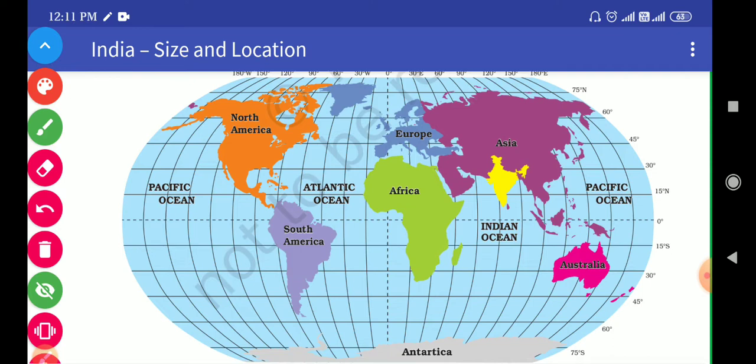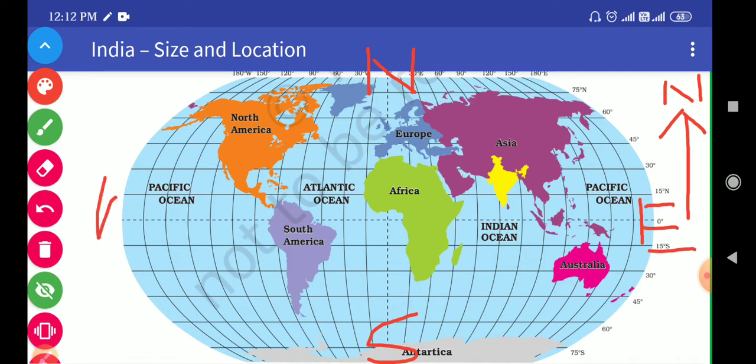One thing you may observe in the map is an arrow, and this arrow will show you north. So clearly it is indicating that north is on the top, so definitely the south will be at the bottom. The right hand side will be east and the left hand side will be west.